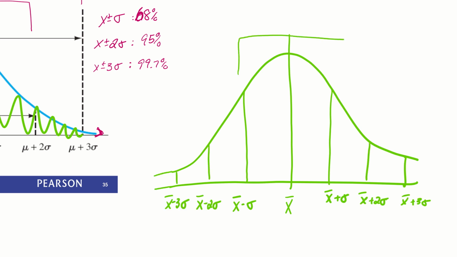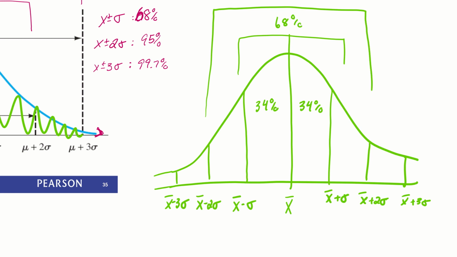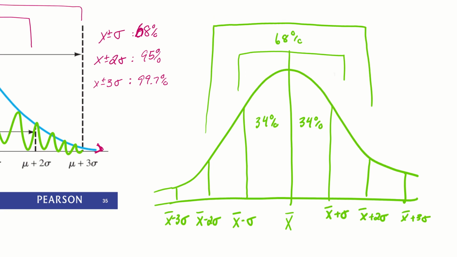So if 68% is lying within 1 standard deviation, that means that this is 34% and 34%. And if it is then expanded to 2 standard deviations, and that's 95%, I can go ahead and subtract and then divide by 2, and I would get 13.5% is contained in that amount. 13.5% is contained between 1 and 2 standard deviations, and I can keep going and doing this.